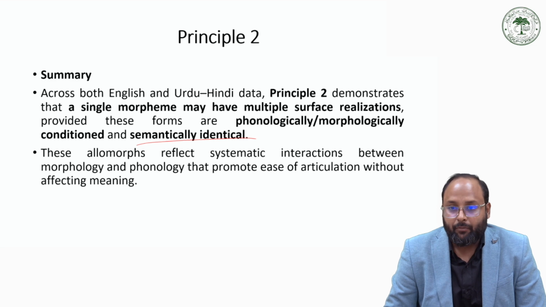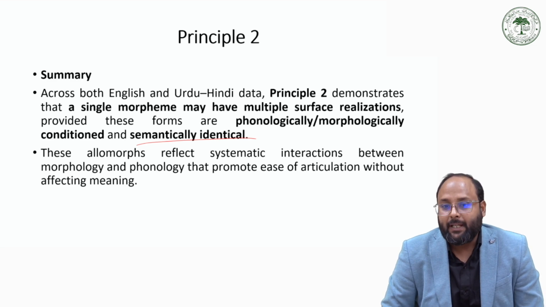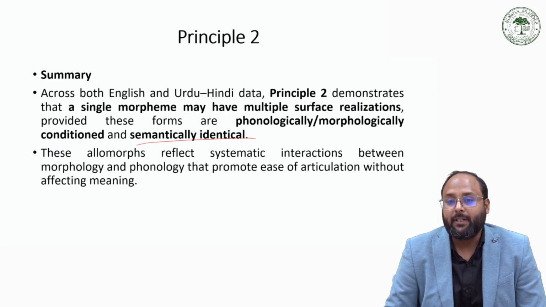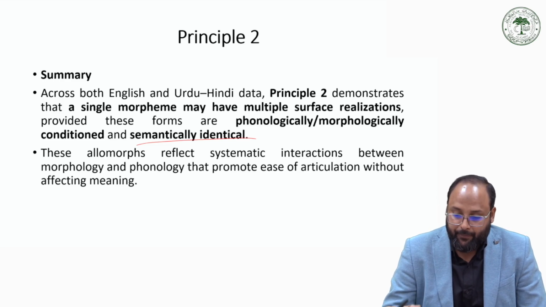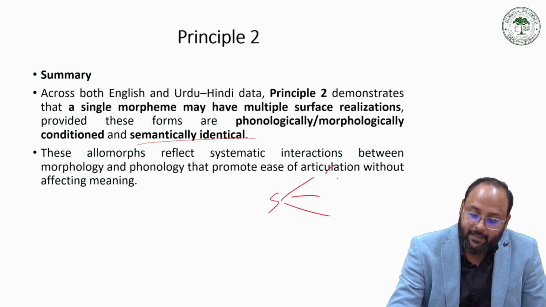So that is one morpheme, even though they have different realizations in their occurrence, the meaning is the same. So we can call it the same morpheme, like s, z is the same morpheme for the plural.